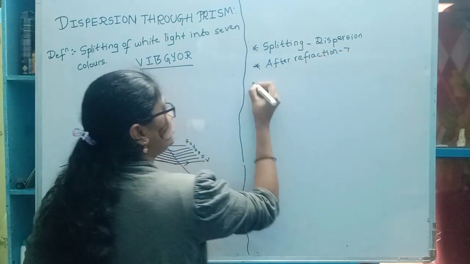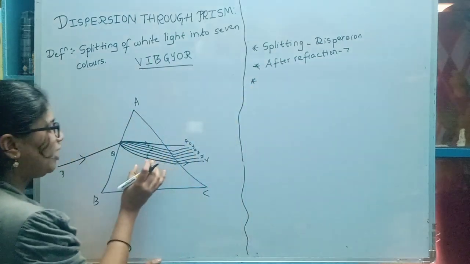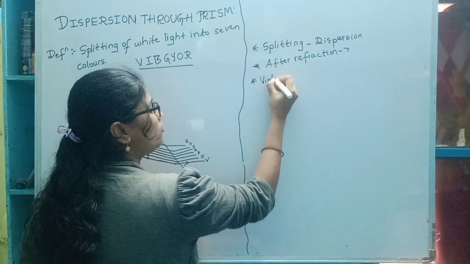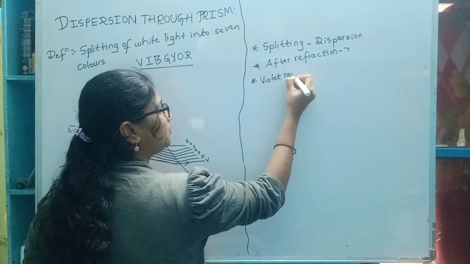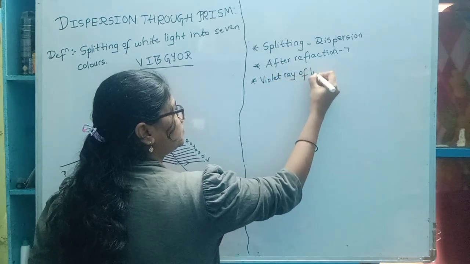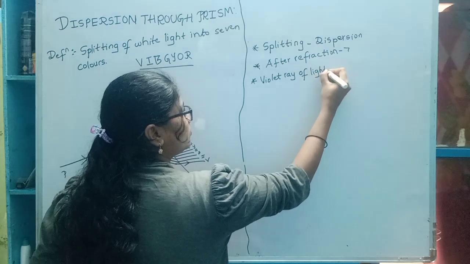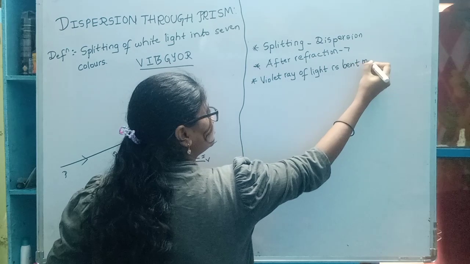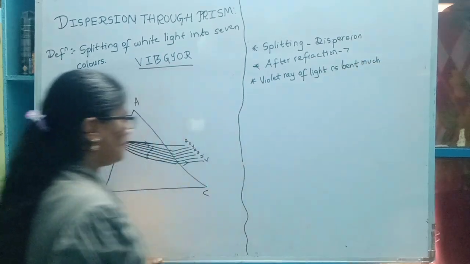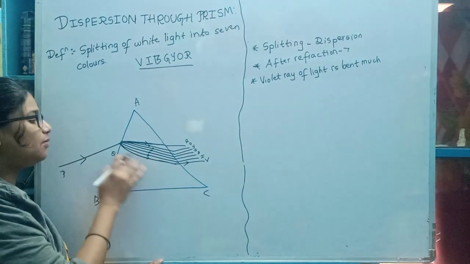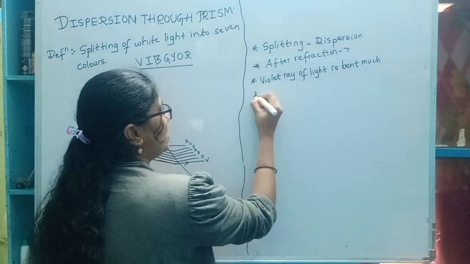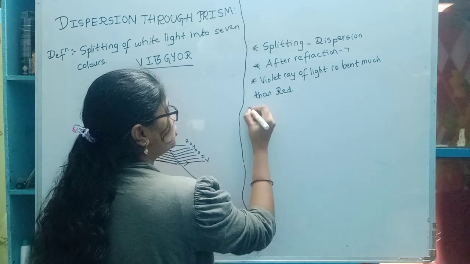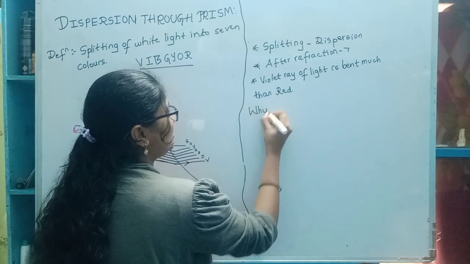Then the violet ray of light is bent much more than compared to red. So we will get a question why it is like that.